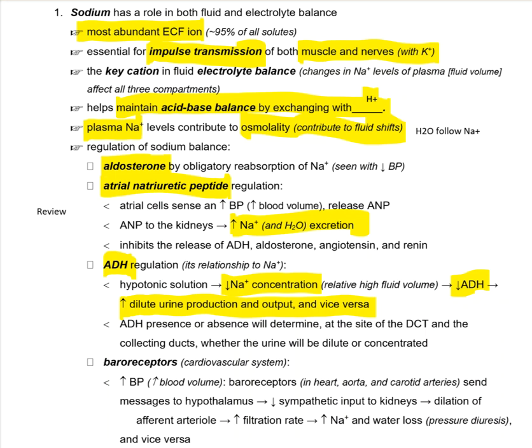And it inhibits the release of those two guys. Okay, so these two work together. We'll put a little note here. Remind ourselves they work in unison. And atrial natriuretic peptide inhibits those.